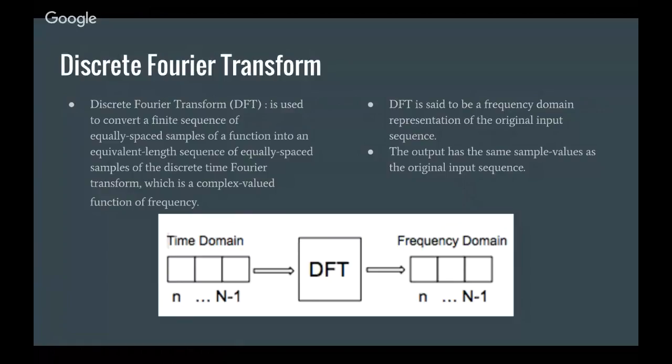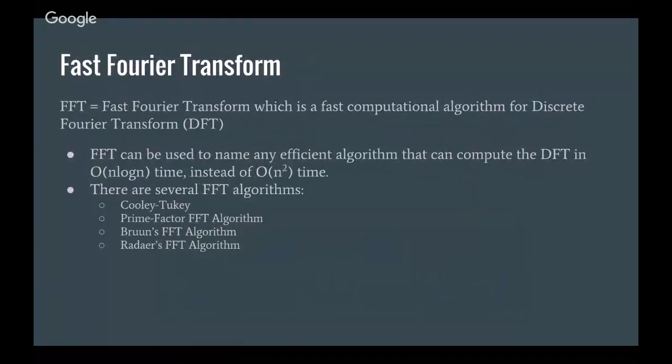So next we move on to FFT, which is the fast Fourier transform, which is a fast computational algorithm to compute this discrete Fourier transform. So our goal is to use FFT to compute DFT.